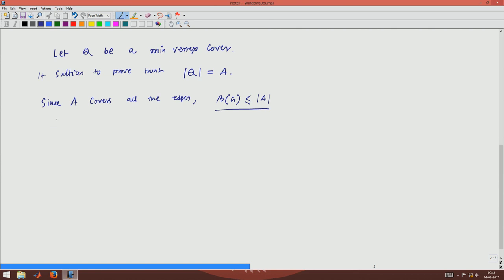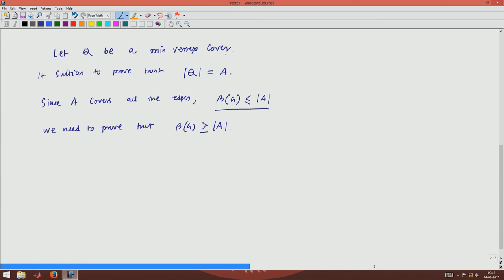So, what we need to prove now? We need to prove that this beta G is greater than or equal to the cardinality of A. So, start with a minimum vertex cover.